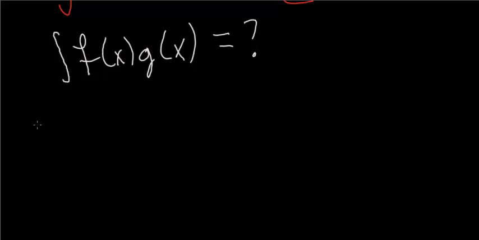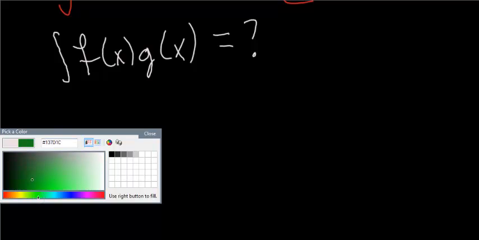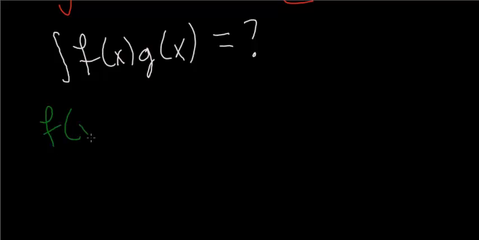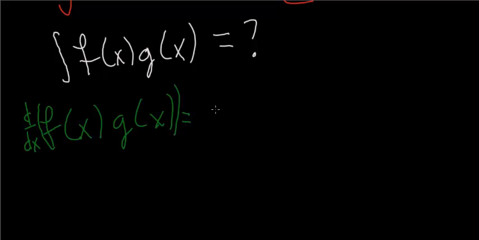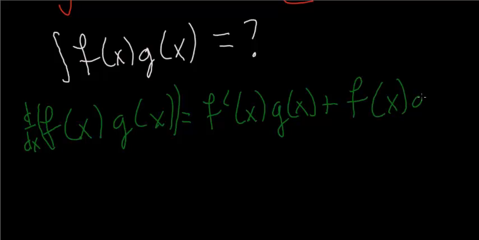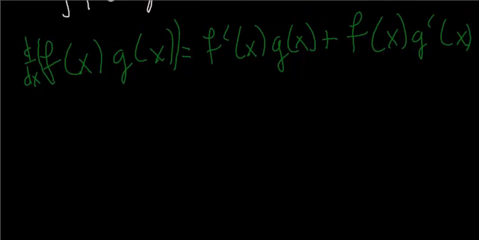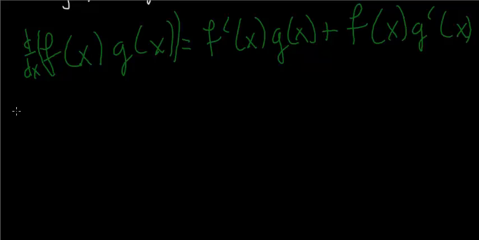So the product rule says, I'll just use the same functions, that if we have f of x times g of x, and we want to take the derivative with respect to x of this, that's going to be equal to the derivative of the first function, so f prime of x times g of x, plus the opposite, so f of x times the derivative of g of x, so g prime of x.